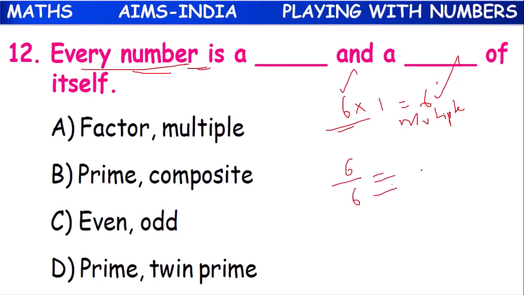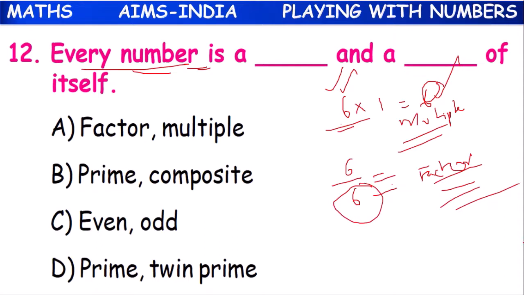So 6 is said to be a factor of 6. So for a number 6, 6 acts like a multiple, 6 acts like a factor. So every number is a factor and multiple of itself. So 12th question, E option is the correct answer.